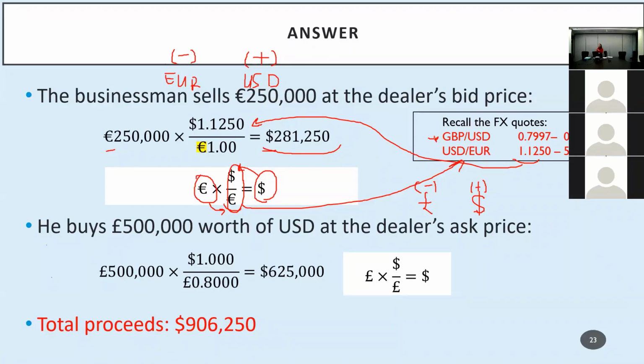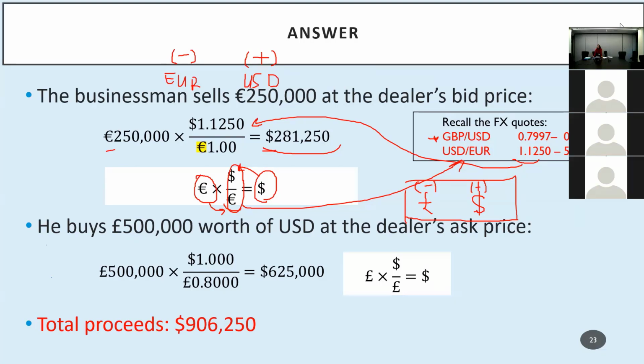So if we are talking about the USD, from the analysis that we did here, we know that we are going to buy the USD, yeah? So if we are buying the USD as a client, we will be buying at the dealer's ask price, okay? So we will be hitting the right-hand side of the quote, okay?